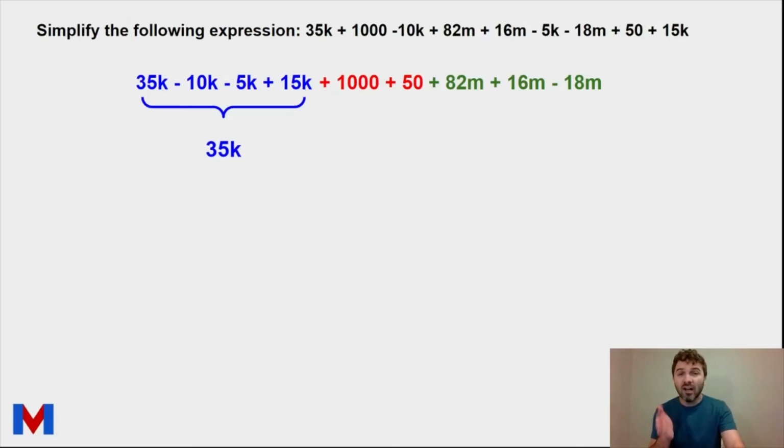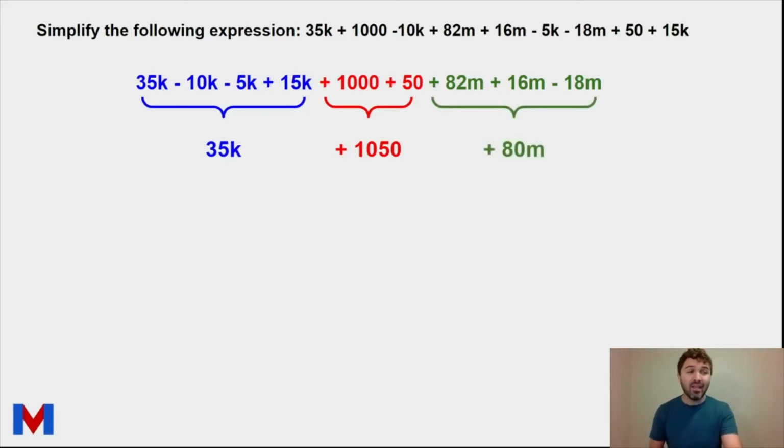Then in the red, the constants, I have 1,000 plus 50, which is positive 1,050. And in the greens, I have 85M plus 16M minus 18M, which leaves us with positive 80M. I'm going to rewrite all that as 35K plus 1,050 plus 80M.